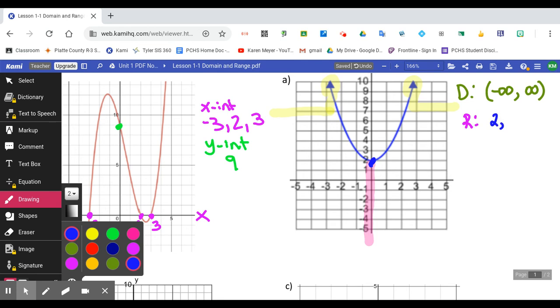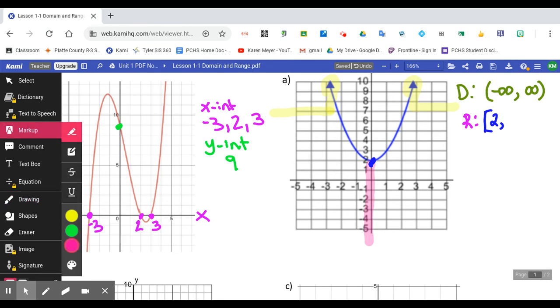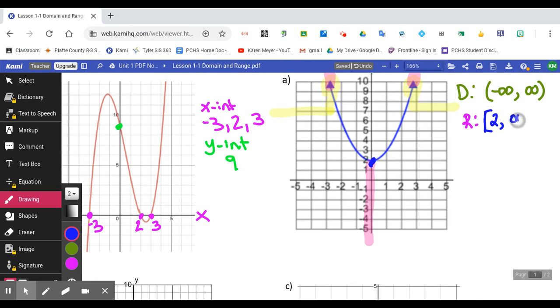And that's a solid line, and around solid lines we put a bracket. Now at the top, if I start at the top of my screen and I come down, doesn't matter which way I look at it, I'm going to hit at an arrow again. So if I'm hitting at an arrow, that means infinity, and it's positive because we're going up, and put parentheses around that.